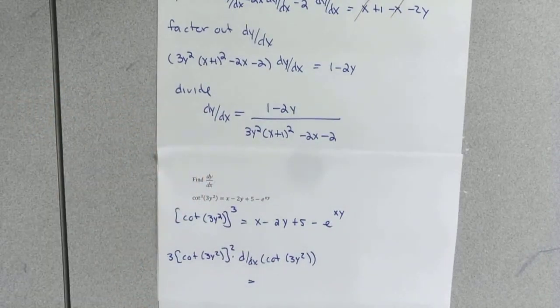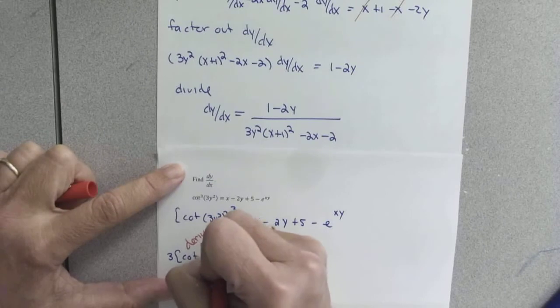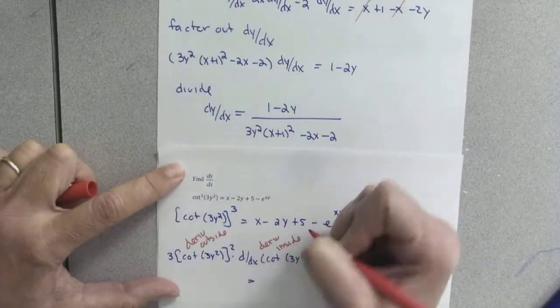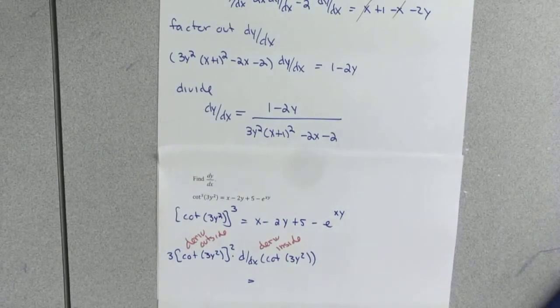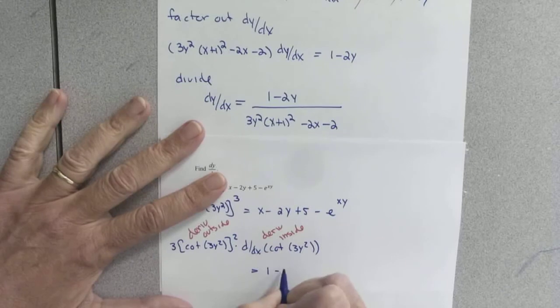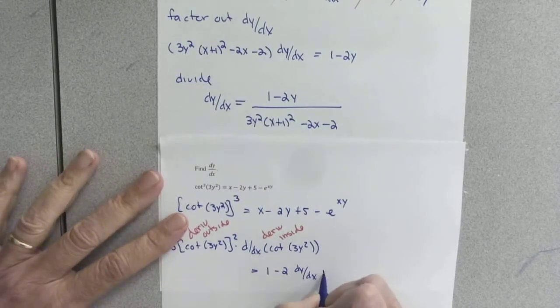So there's the first side. And so this was derivative outside. Derivative inside. Chain rule. Then getting to the other side, derivative x is 1. Derivative 2y would be 2. But I just differentiated y, so followed by dy dx.